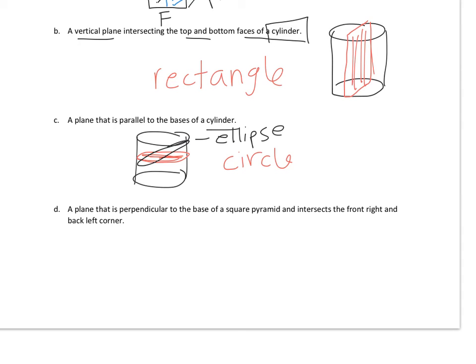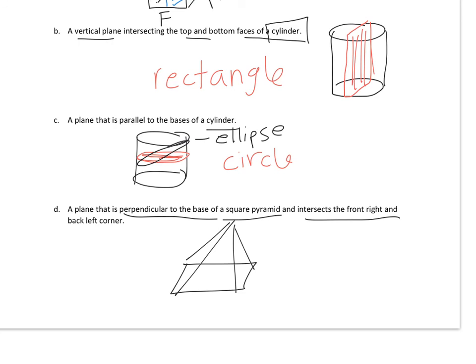And then a plane that is perpendicular to a square pyramid. So I'm going to draw a square pyramid. It's perpendicular to the base and intersects the front right and left back corner. And it's going side to side.